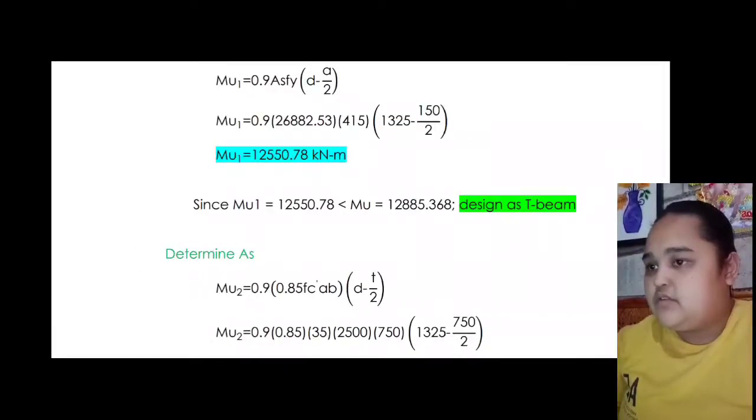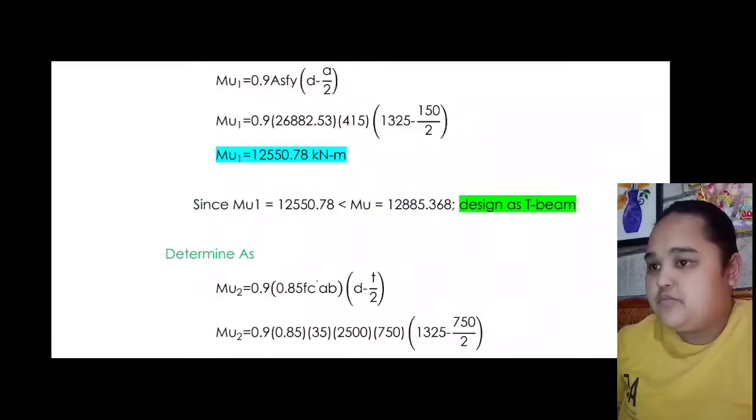Then compute the MU1, which is 0.9 AS times FY, quantity D minus A over 2.